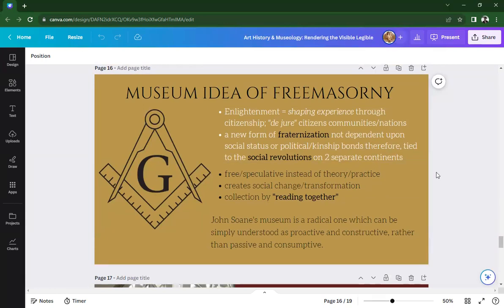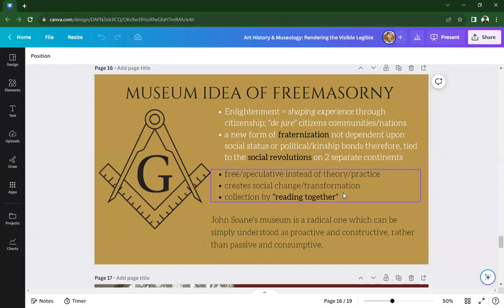It's a new form of fraternization not dependent upon social status, political kinship, or bonds, therefore tied to the social revolutions or social changes of two separate continents. Therefore, it is free but speculative instead of theory and practice. It also creates social change and transformation across time. It has a collection by reading together, togetherness, no?